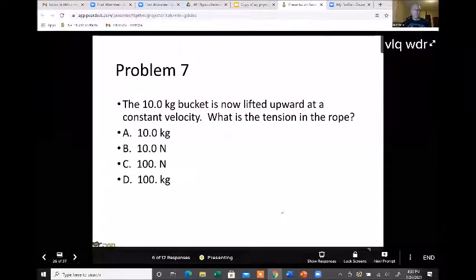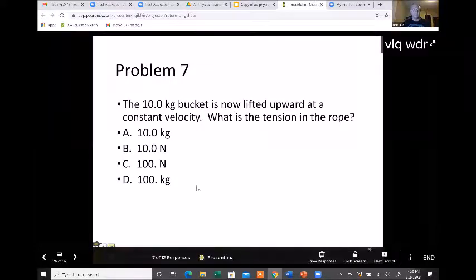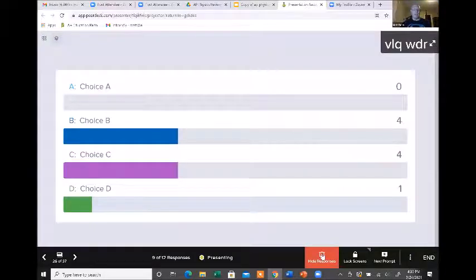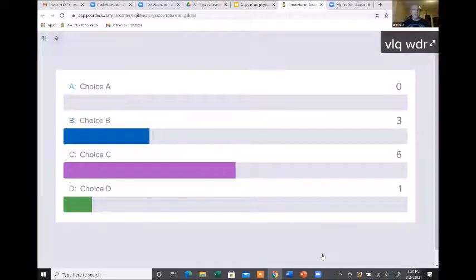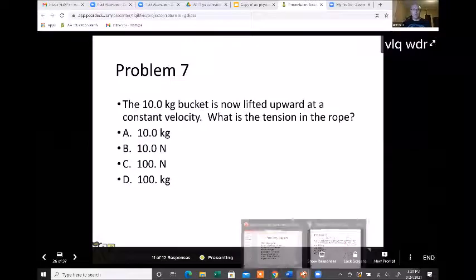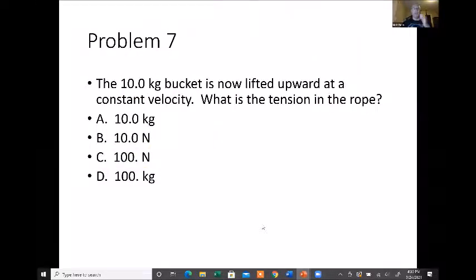All right, so pretty much the same problem, but this time the thing is moving. So again, let's take a look to see what you guys are thinking. So it looks like an even split between B and C. And I can see that now C takes the lead. All right, so let's go back to my PowerPoint. And let's think about this.